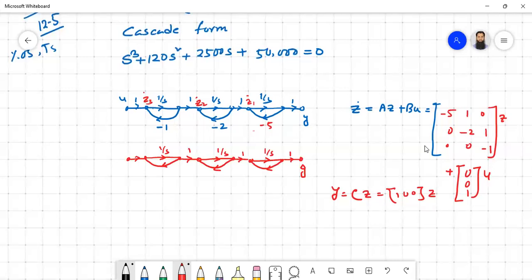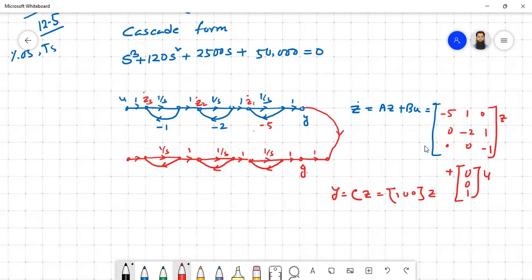Then the output. We should subtract from the actual output our Y hat. So with -1, you subtract from the original one, which comes in here with 1.